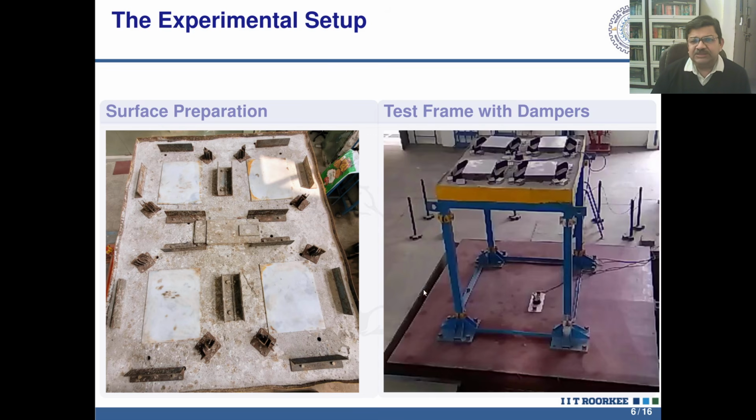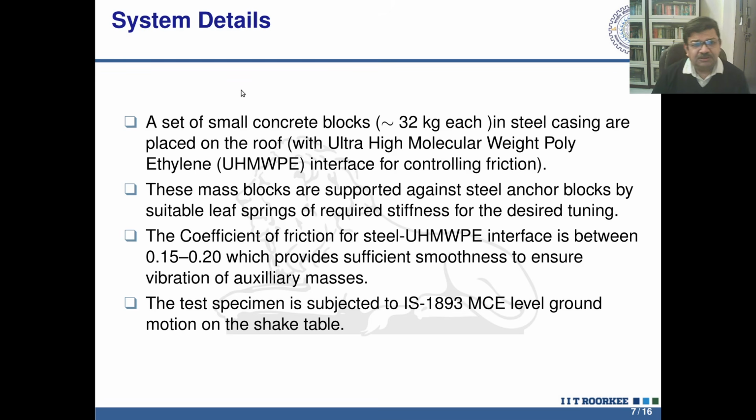So that's the test frame with dampers on top of this prepared surface. A small concrete block, about 32 kg each including the steel casing, is placed on the roof with ultra high molecular weight polyethylene UHMWPE interface for controlling friction. These mass blocks are supported against steel anchor blocks by suitable leaf springs of required stiffness for the desired tuning.